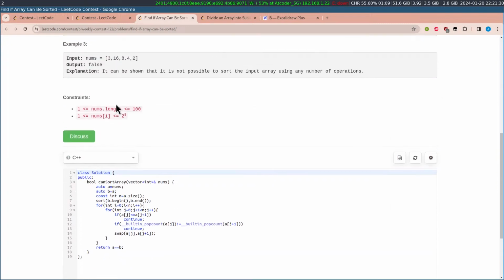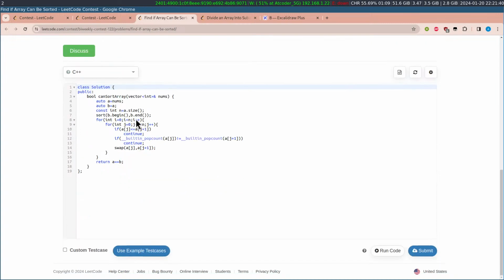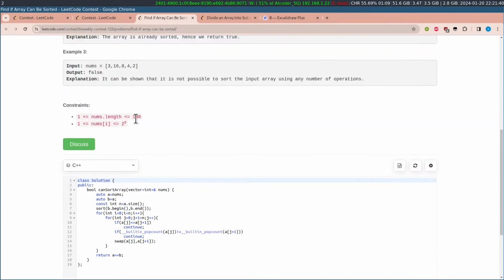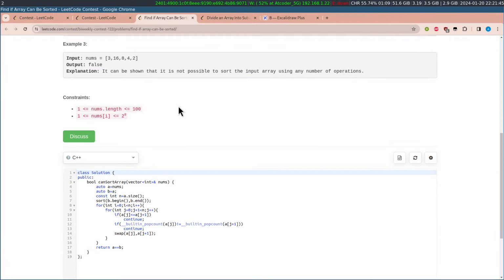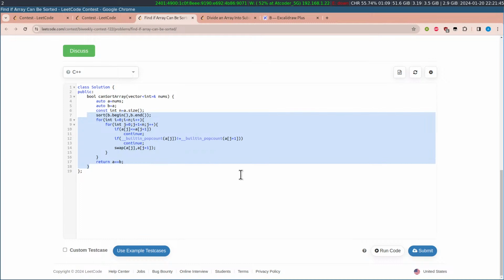Although looking at the constraints, where values are small, you can try frequency sort or some other sorting algorithm and try to solve it. My solution is n square, but I can definitely solve this problem in n log n using some disjoint set data structures.